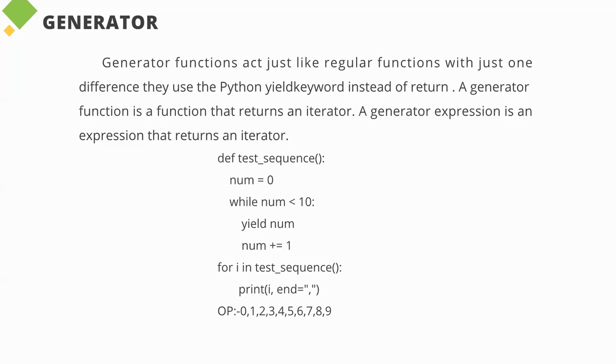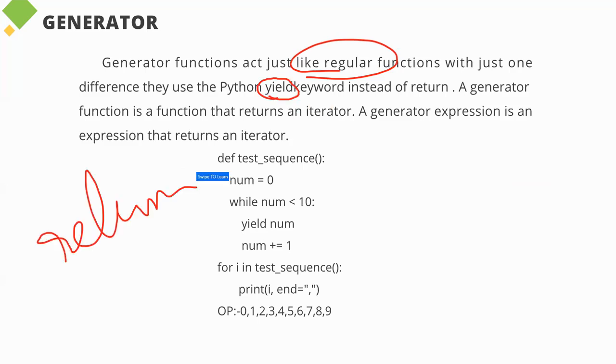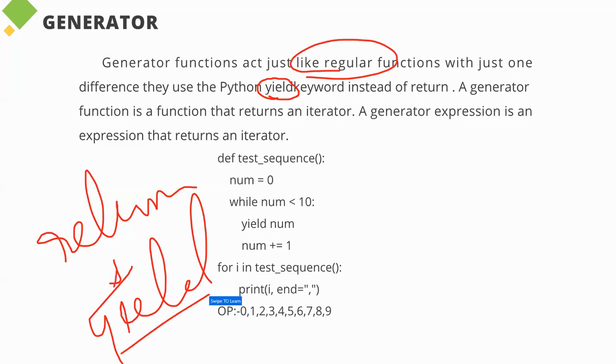Let's move on. So, generator. A generator is the same as a regular function, but we use the yield keyword in place of return. Return and yield give the same output. See, yield.